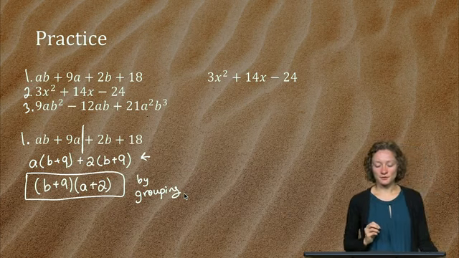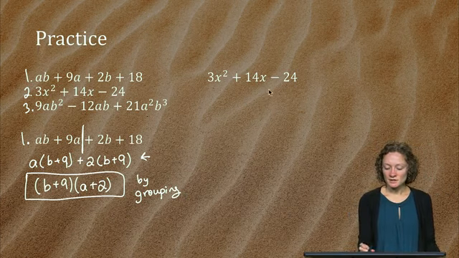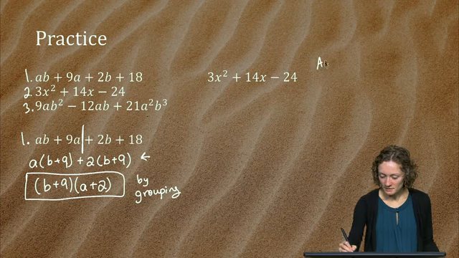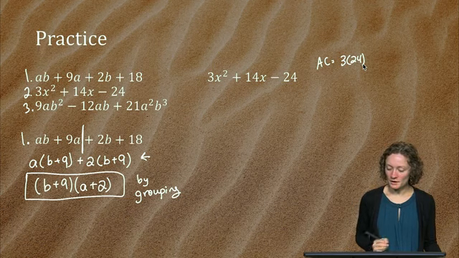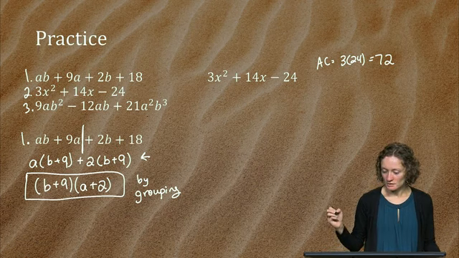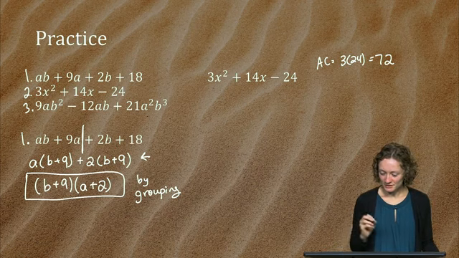The second problem, first look for a greatest common factor. We don't have one. We can go right into the AC method. So we have 3 times 24. Oh boy, 72. Don't have the calculator with me today.